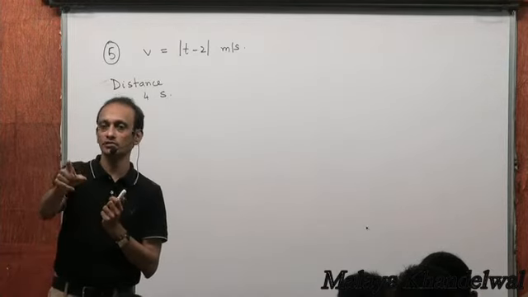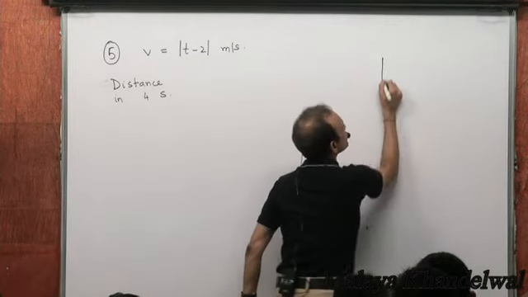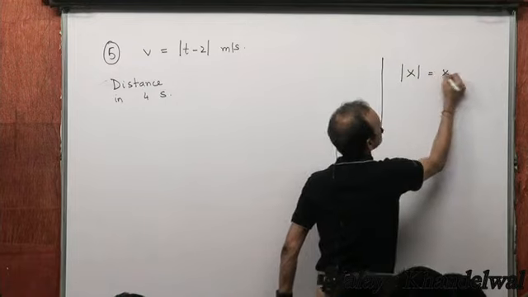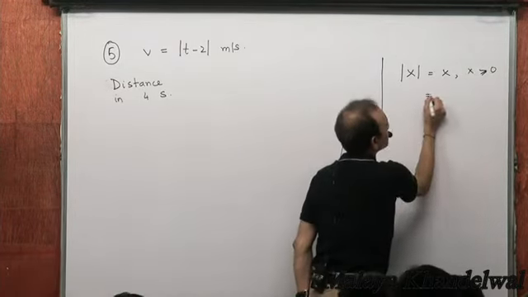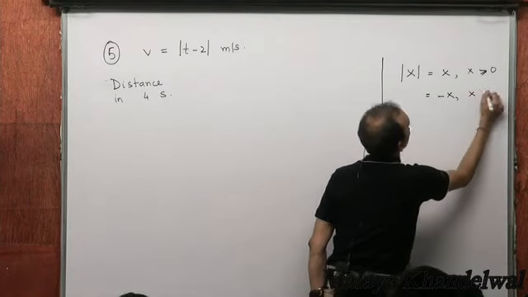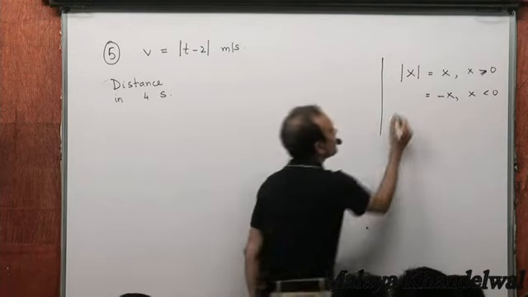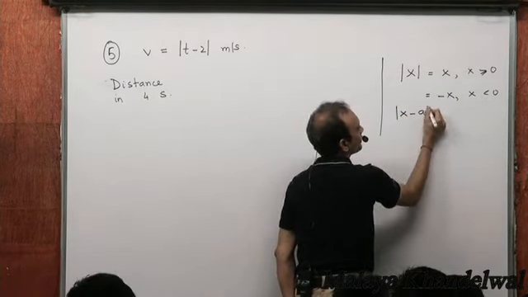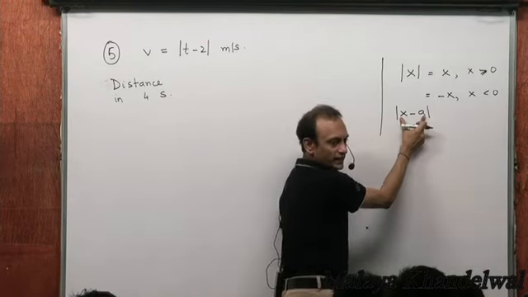Did you understand? Okay. Now, just to take you back to modulus: mod of x will be x when x is greater than or equal to 0, and will be minus x when x is less than 0. Yes or no? Now mod of x minus a. See, x could be greater than a or x could be less than a.